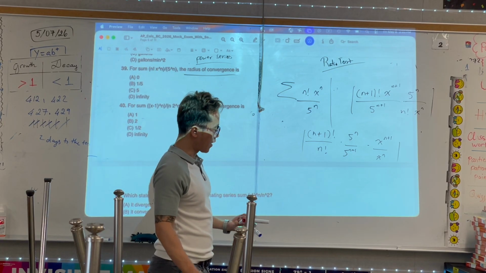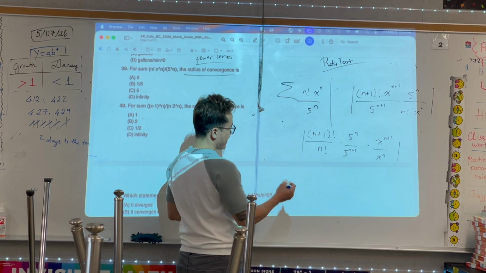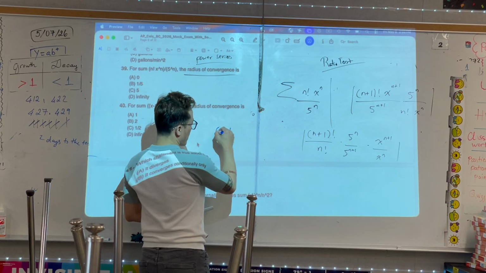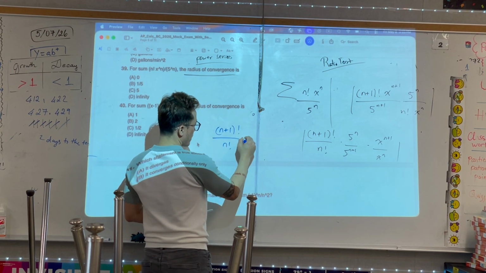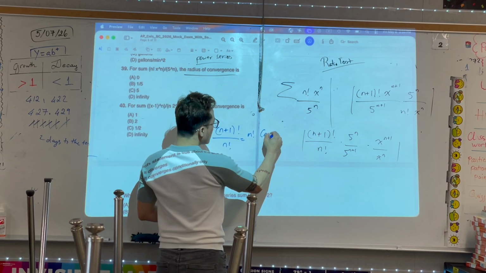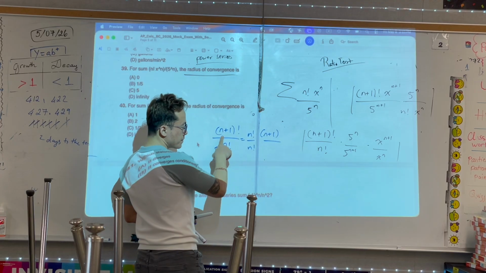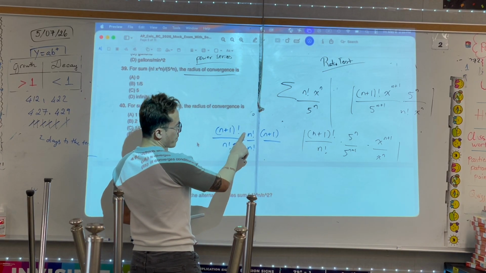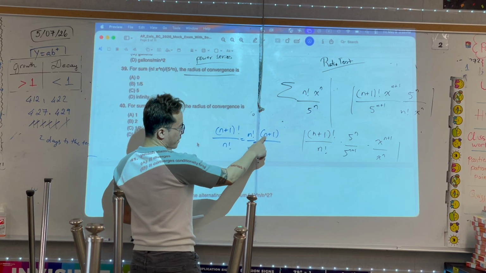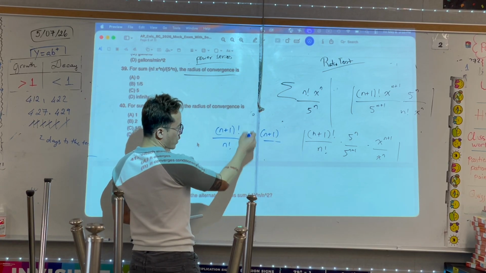Don't you cancel out the factorials? So it's just n plus 1? Factorial means n factorial times n plus 1. So divided by n factorial, you cancel this out.